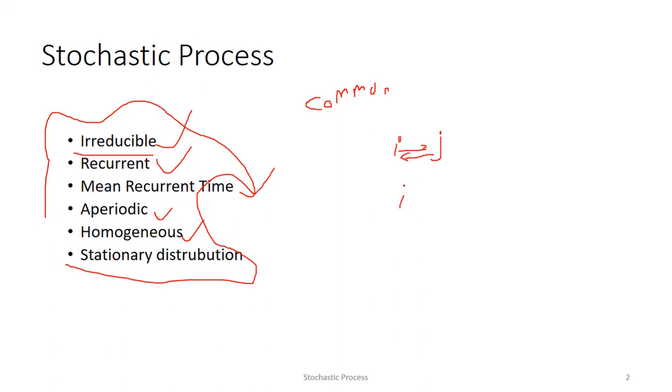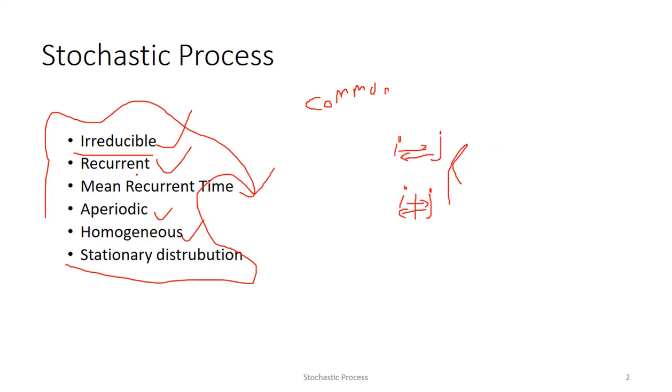If the chain has a path from i to j only, and from j to i is not possible, then we say that it is a reducible chain. We can see all examples also. Now I am just telling what is what.